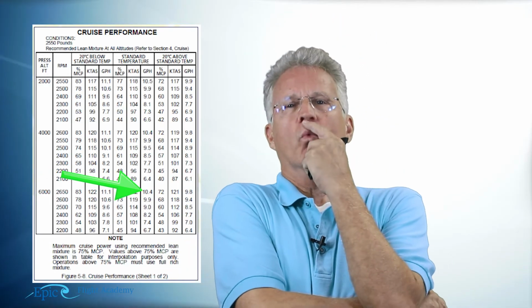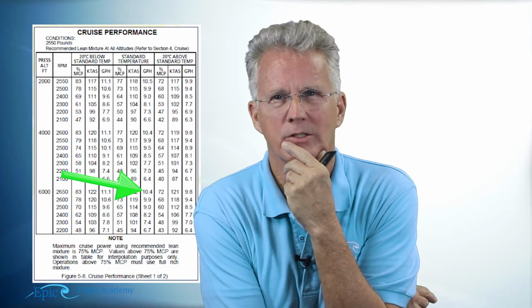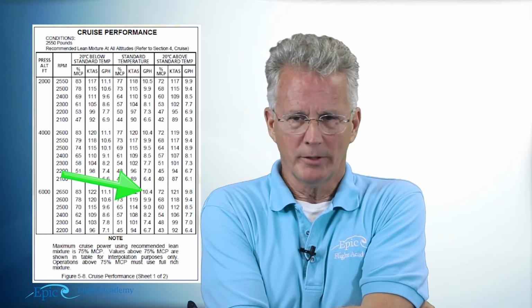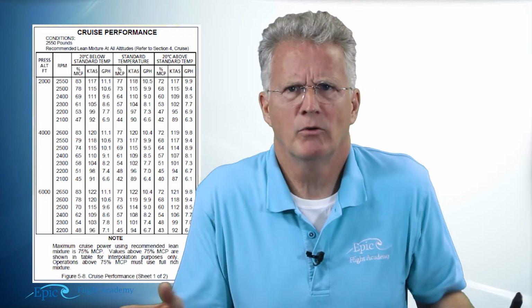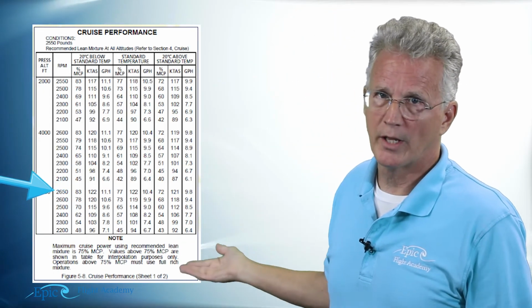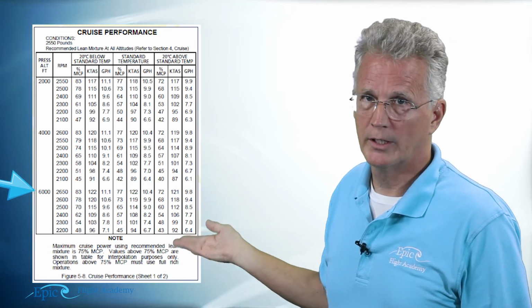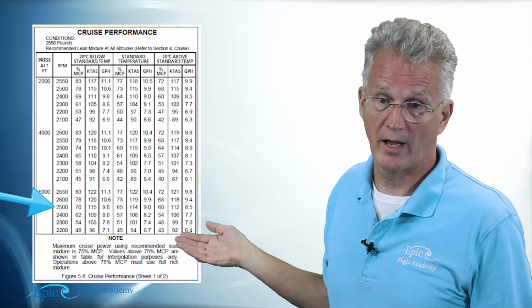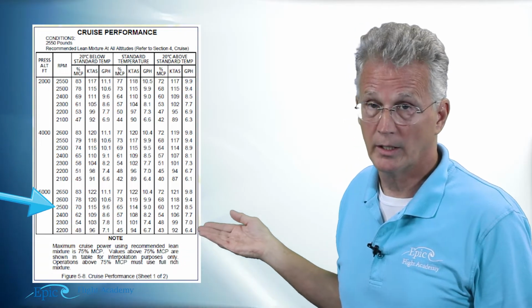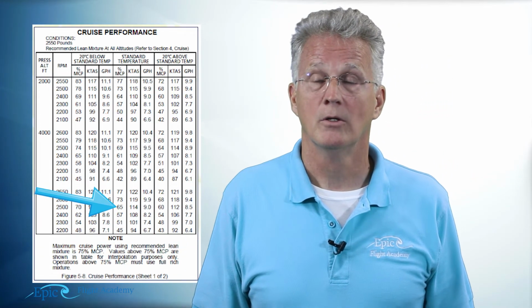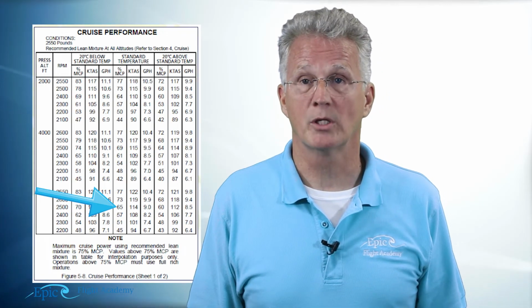Hey, I'll tell you what, let's check these calculations. What if we pulled it back to 2,500 RPM? I know we'd save a little bit of gas. Let's take a look. 6,000 feet. Now, let's enter the chart at 2,500 RPM. Let's go over to our standard temperature, and what is our percent maximum continuous power?